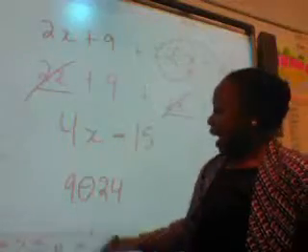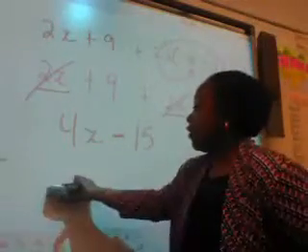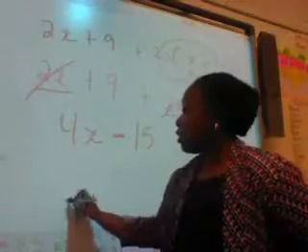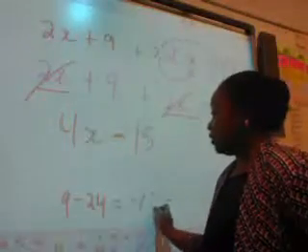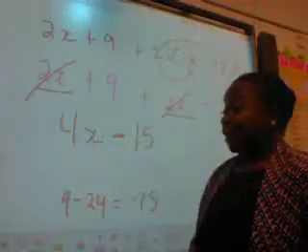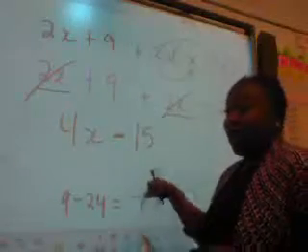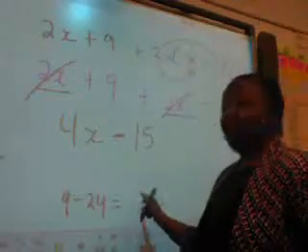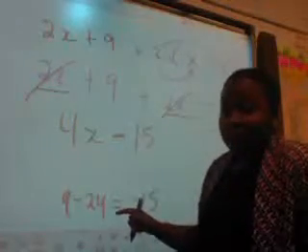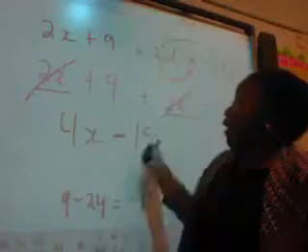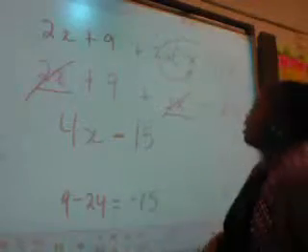So 9 minus 24 will equal negative 15. Okay? Because I still owe, and remember when you owe somebody something, that means it's a negative. It's minus out of your pocket. So now I'm left with 4x minus 15.